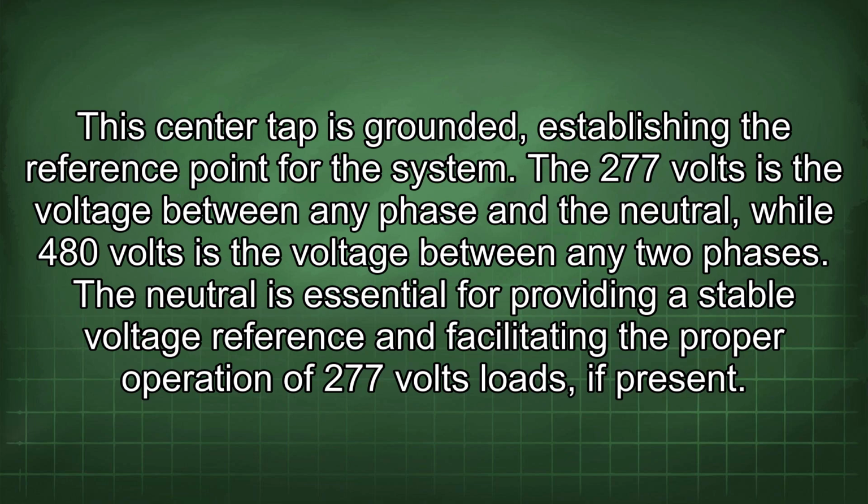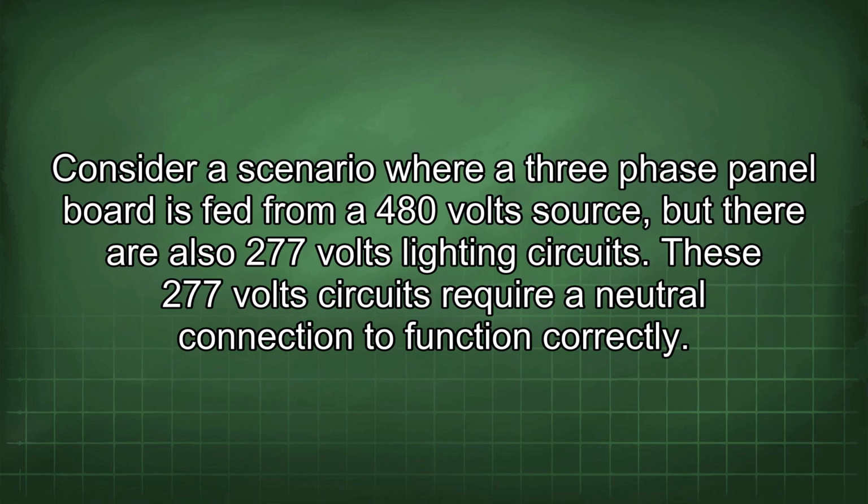Consider a scenario where a three-phase panelboard is fed from a 480 volt source, but there are also 277 volt lighting circuits. These 277 volt circuits require a neutral connection to function correctly.